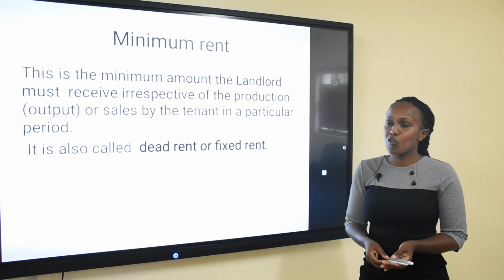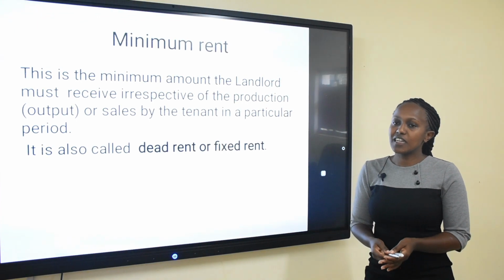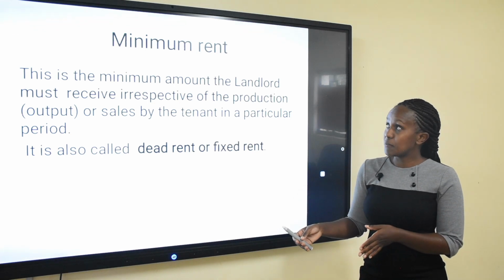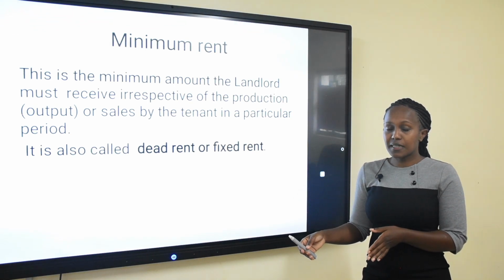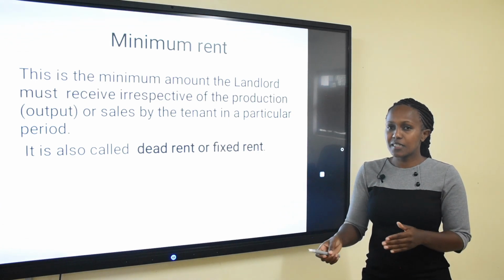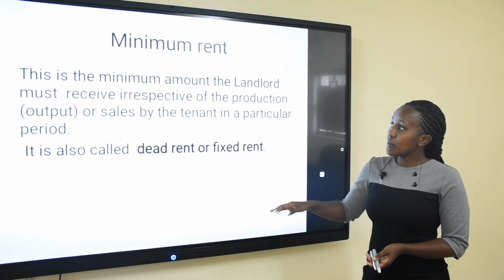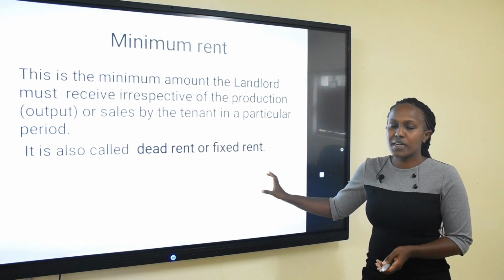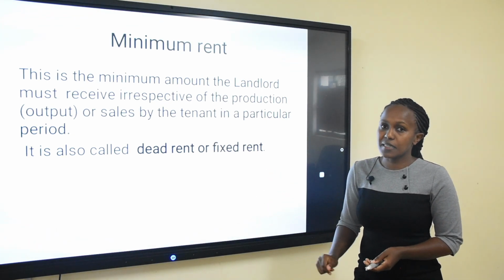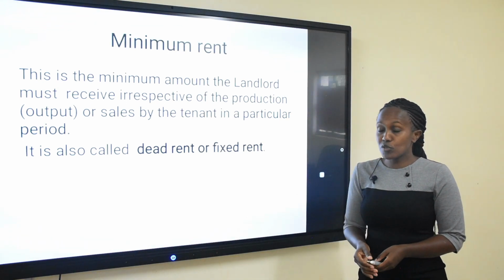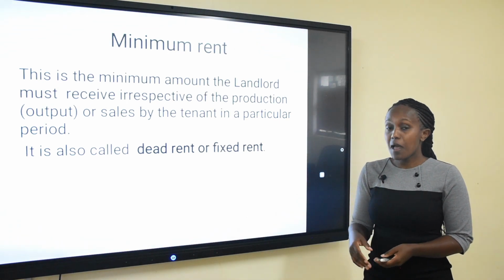The tenant has to go back to his own pocket and fill in the amount between the 10,000, which is the minimum rent that the landlord can accept, and how much he has computed as the royalty payable. There seems to be a deficit. So a minimum rent is the least amount of money that a landlord can accept at any given time irrespective of the output or the sales by the tenant.